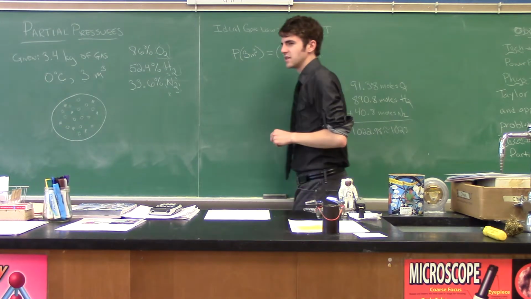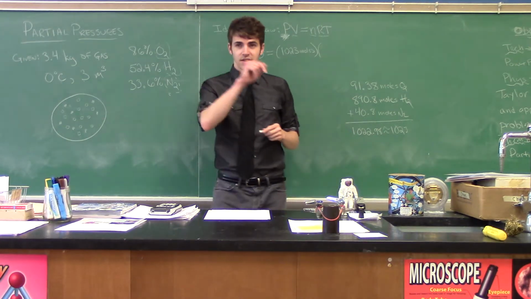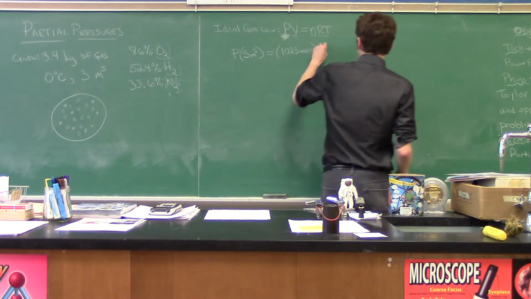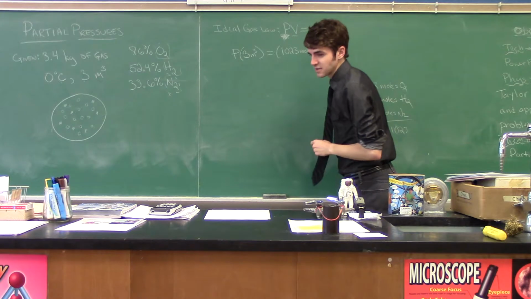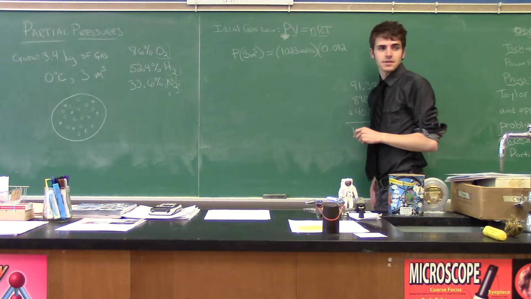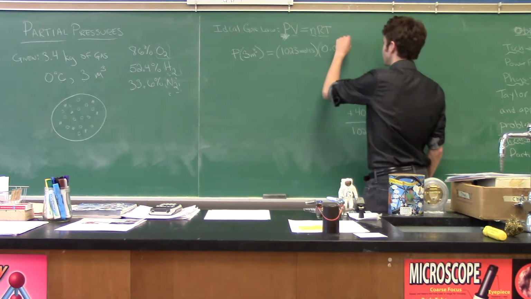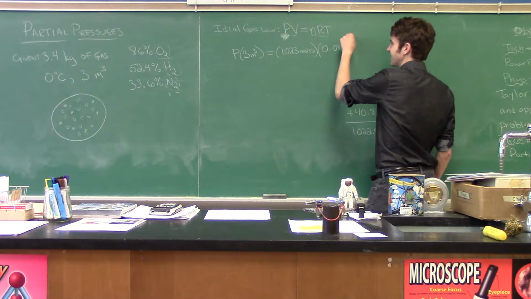What is R? Constant. 0.082. And what are our units? Liters times atmosphere. Yeah. In this case, it's not liters.